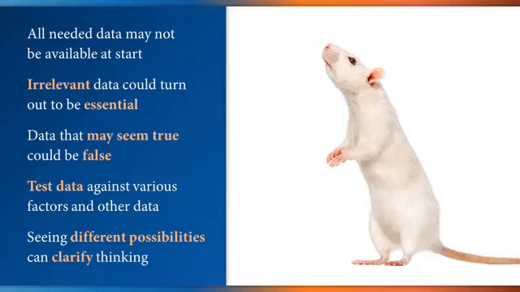But that can often only be determined by iteratively assessing and weighing the data against various other factors and other data. Being able to see different possibilities and pathways based on the best available data at the time can help think through the analytic process and arrive at a correct conclusion.